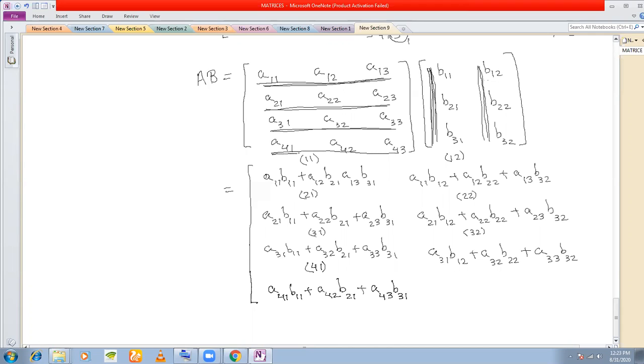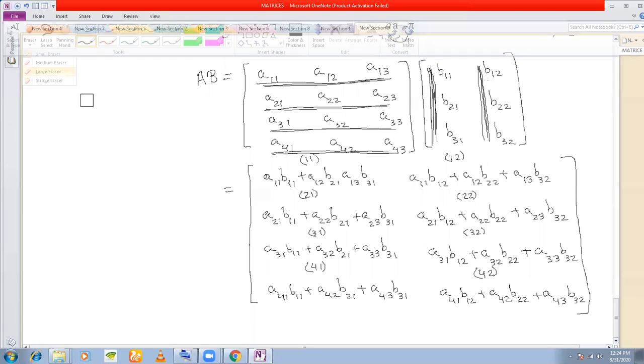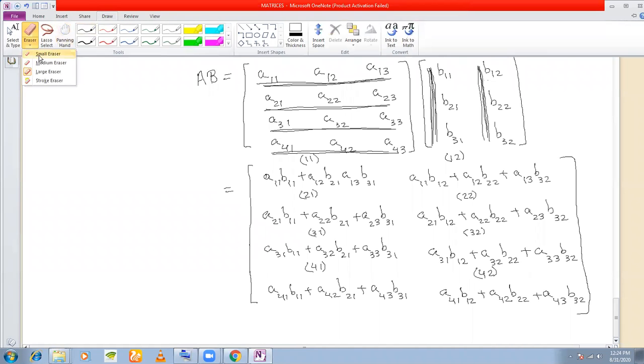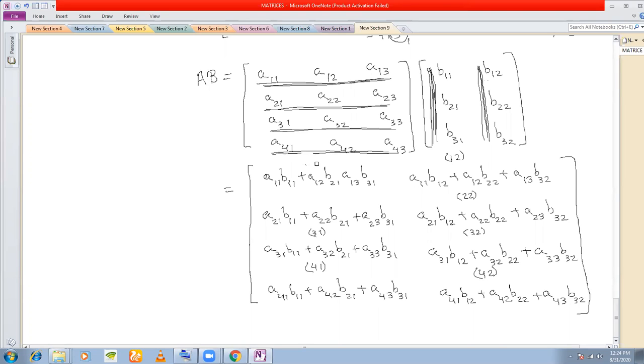And the fourth row second column element is A41 B12 plus A42 B22 plus A43 B32. So we have managed to multiply our matrices. I have written all this only to show you the positions; you don't need to write all of it.